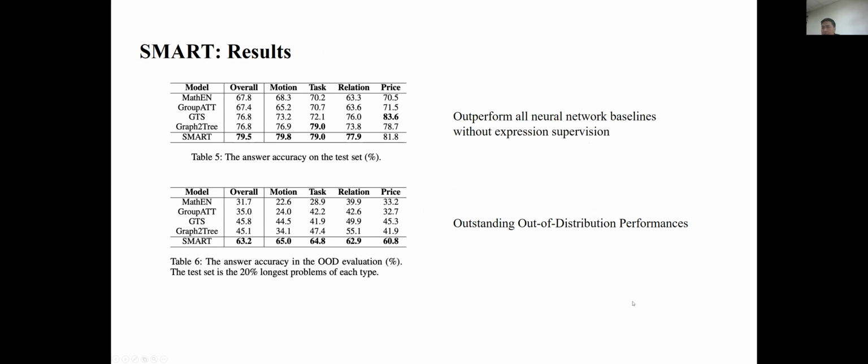So this is some tested result. The SMART is what she did that can give much better results than the literature, particularly for a test set that has out-of-distribution questions.